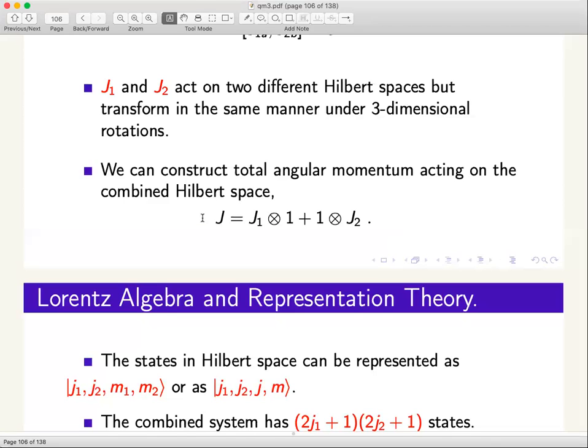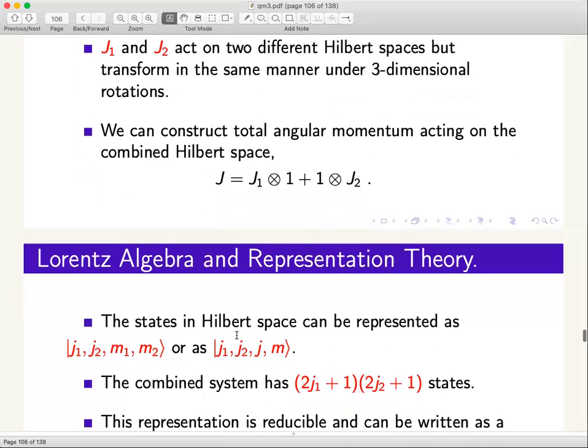The left-hand side acts on a new basis in the Hilbert space, in which H1 and H2 of course get mixed. Is that clear? Yes, sir. So when you write a new basis in which J1, J2, J and M act, then the number of vectors in that Hilbert space is the same as the number of vectors in the original Hilbert space.